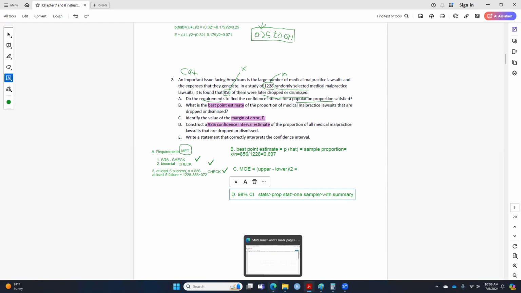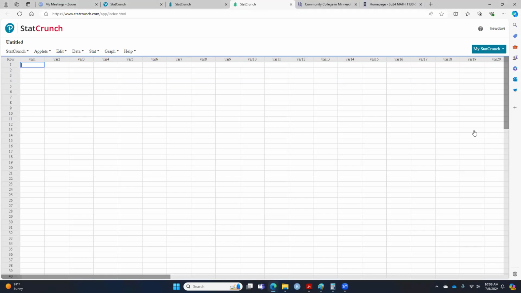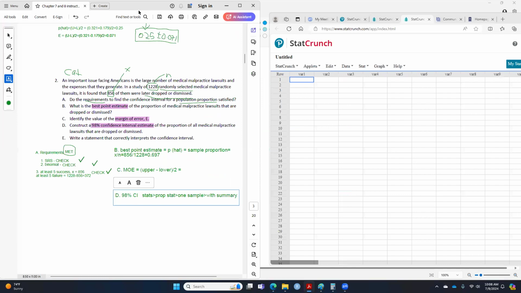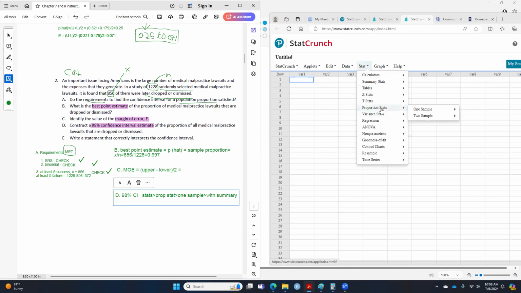Let me show you where this is, so you will be familiar with this StatCrunch material. This is an important class. So you go to Stat, Proportion Stats, One Sample with Summary. This is how you calculate the confidence interval.